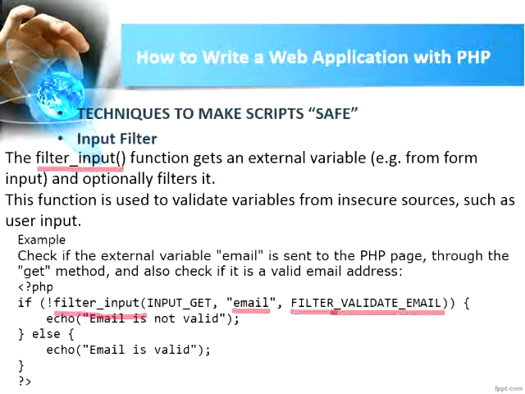For this filter value, we have many possible values. In our case, we want to check if this email is valid or not. But if we want to just validate the filter, we can write, for example, FILTER_DEFAULT.